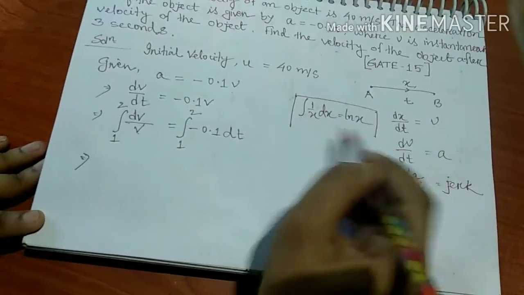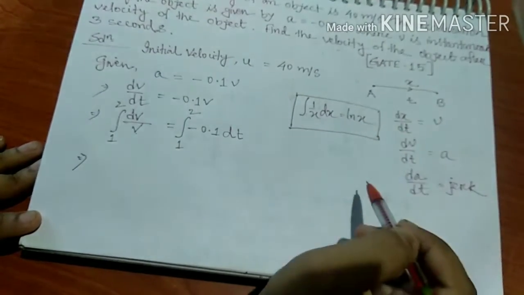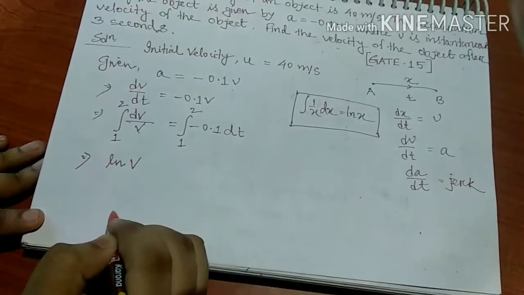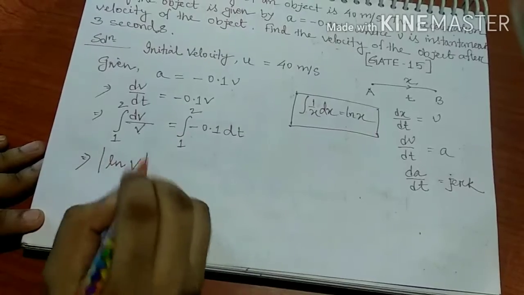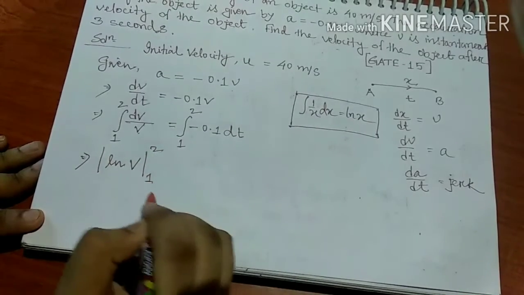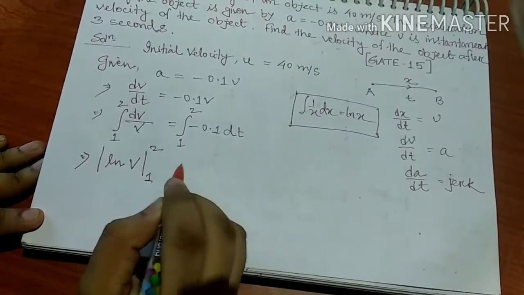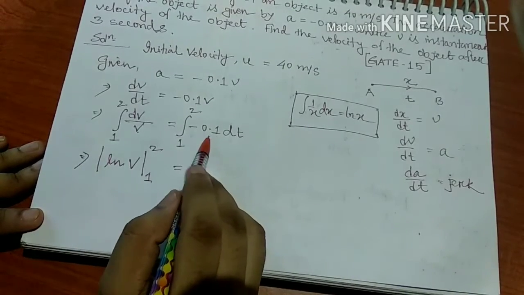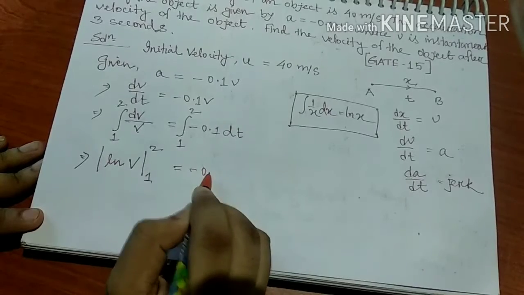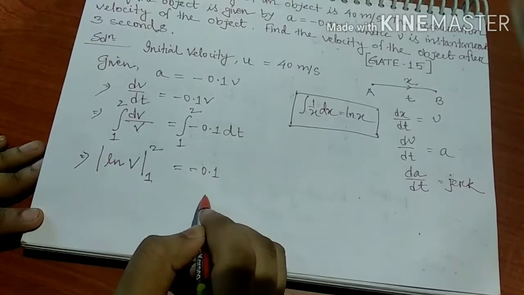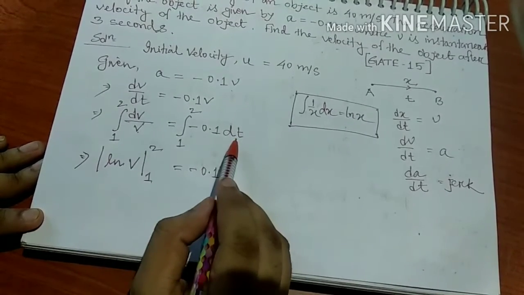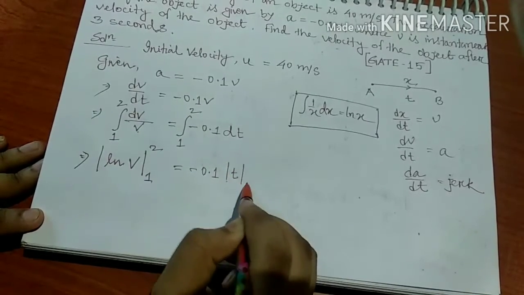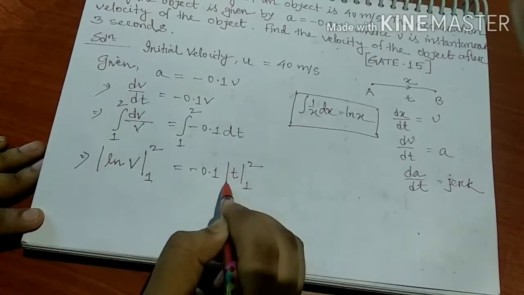So the integration of 1 by v will be ln v, with limits from 1 to 2. Here you can see minus 0.1 is a constant, so I am taking it outside of the integration. So minus 0.1, the integration of dt is simply t, right? And the limits will be from 1 to 2.